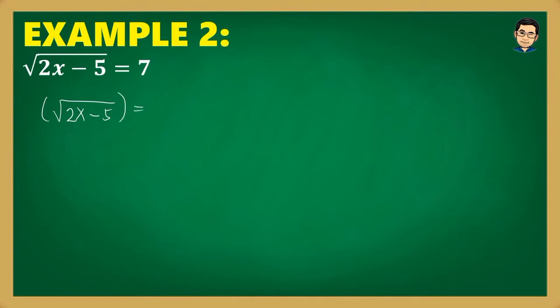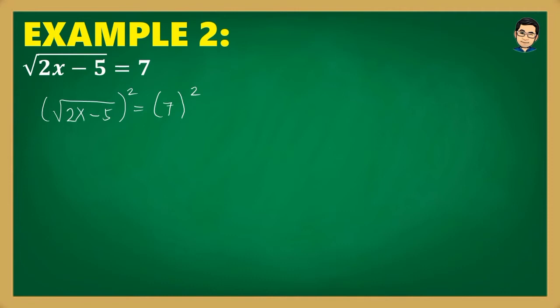What is the index of the square root of 2x minus 5? It is 2, so we raise both sides by 2. The technique here is that when we raise a square root expression to 2, the radical symbol disappears. For a cube root, we raise to 3, and the radical symbol also disappears.